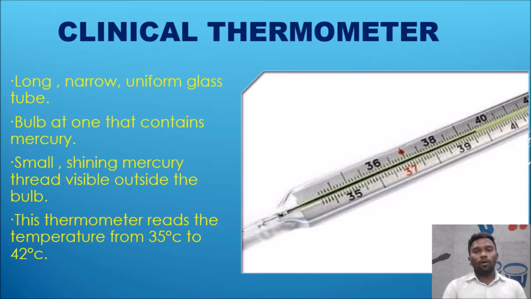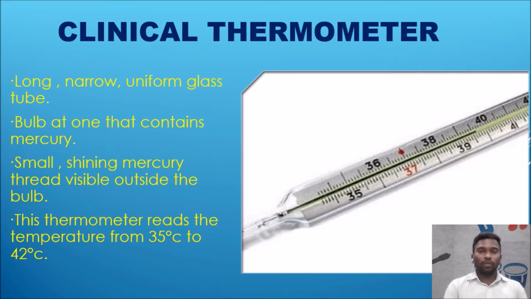These are all thermometers used to find the temperature of an object, but for different purposes we use different thermometers. Here we are discussing the clinical thermometer, which is especially used to measure the temperature of the human body, right.